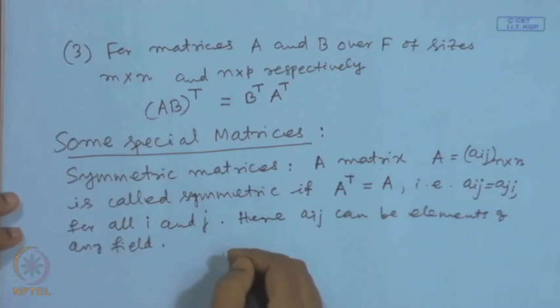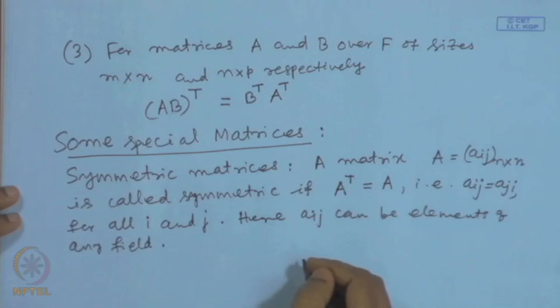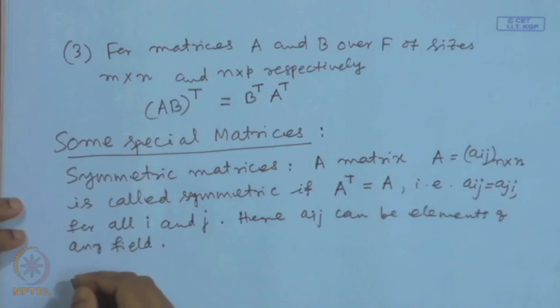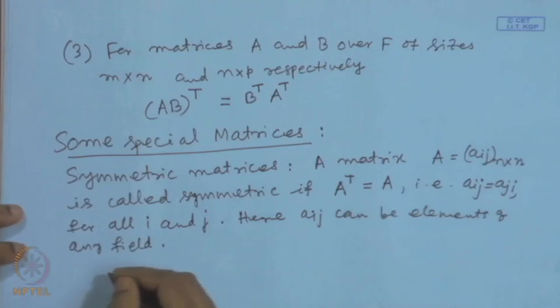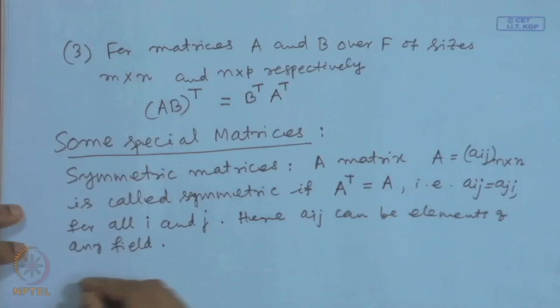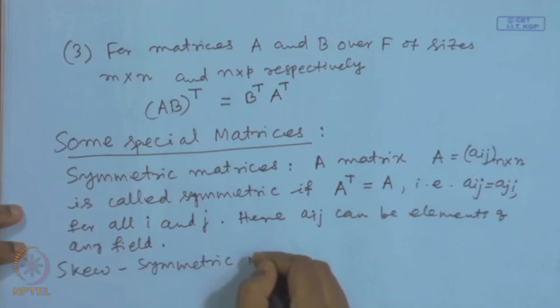Some people consider the elements of a symmetric matrix to be real numbers, but in general we can consider the elements to be elements of any arbitrary field. Then we say that a matrix A is skew symmetric.